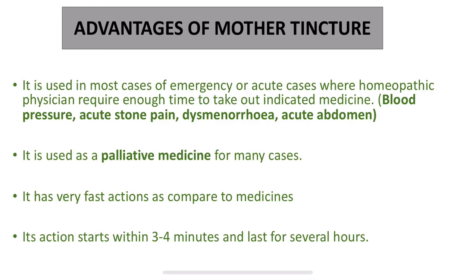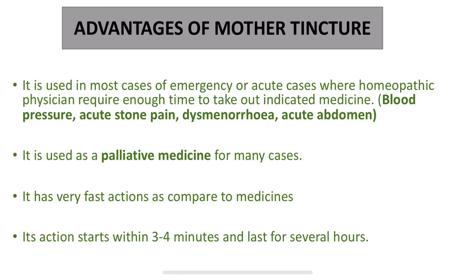What is the advantage? Mother tincture is used in most cases of emergencies or when acute cases come up and the homeopathic physician requires enough time to take out the indicated medicine. So guys, you see there are some emergency conditions like peritonitis, acute abdomen, they have mentioned a few here, the blood pressure, stone pain, it could be renal calculi, or dysmenorrhea, painful menses.